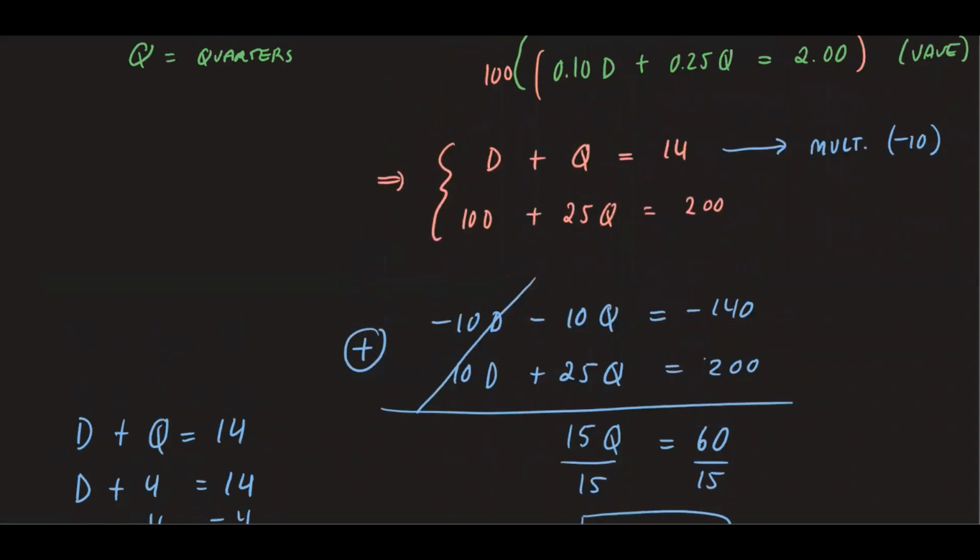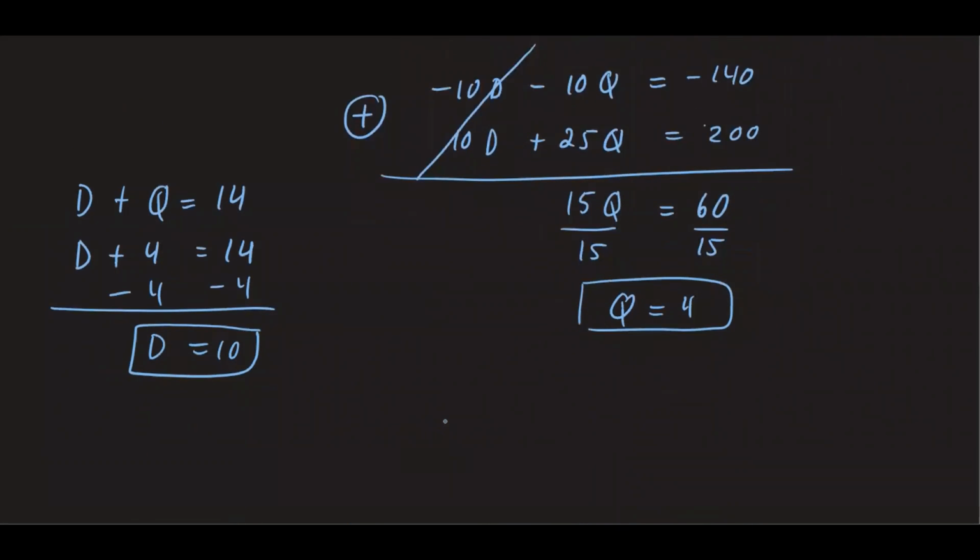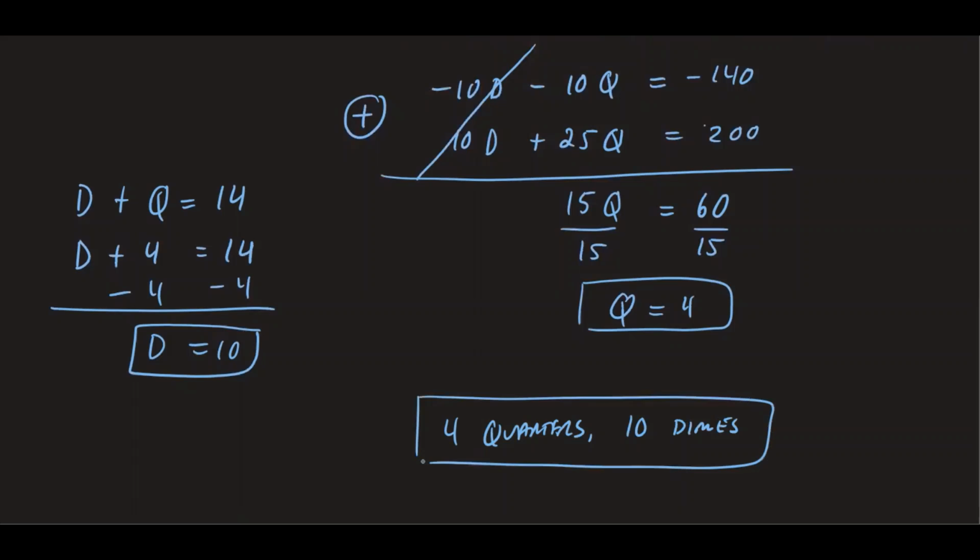So going back to the original question, how many dimes and quarters does he have? Well, he has 4 quarters and 10 dimes. So that will be the result.